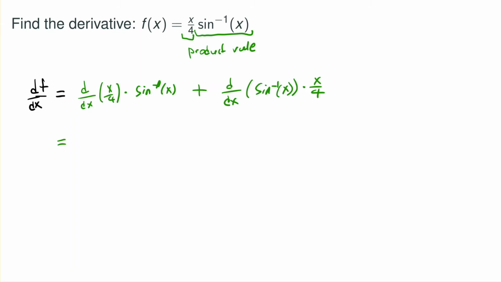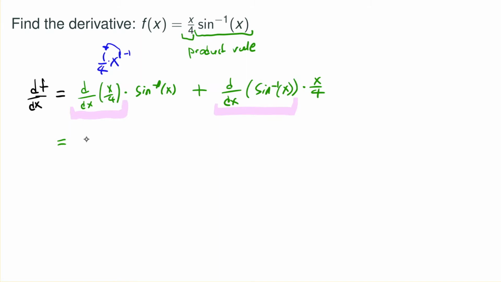So let's find the derivative of each. We're finding the derivative of this and the derivative of this on the next line. So right here, this is x over 4, which we can think of as 1 over 4 times x. Since the exponent is 1, we multiply by 1, which is 1 over 4, and minus 1 gives us 0 power. X to the 0 power is 1.